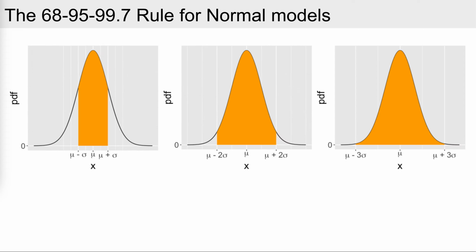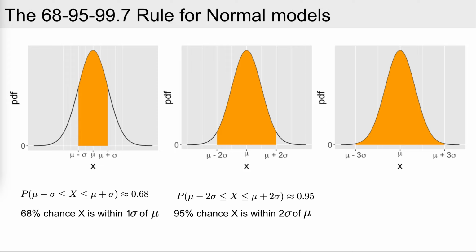What we've observed in our wrist calculations is referred to more generally as the 68, 95, 99.7 rule for the normal model. For any normal random variable x that's centered at mean mu with standard deviation sigma, there's a roughly 68% chance that x falls within 1 standard deviation from the mean mu, a roughly 95% chance that x falls within 2 standard deviations from the mean, and a roughly 99.7% chance that x falls within 3 standard deviations from the mean.